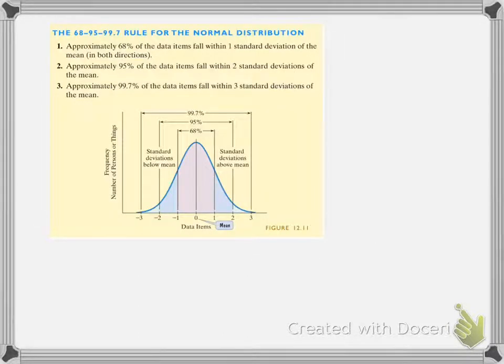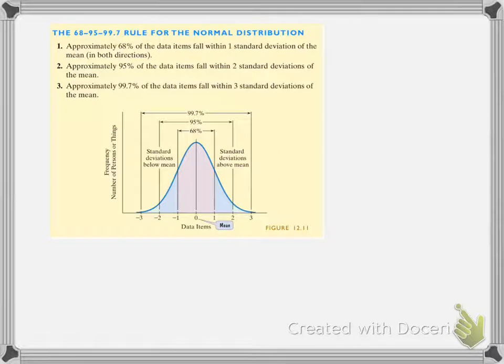So the normal distribution is a model that we use to model data, okay? And it's used to make predictions about an entire population using data from a sample. So to build this theory, a couple things you need to recognize.